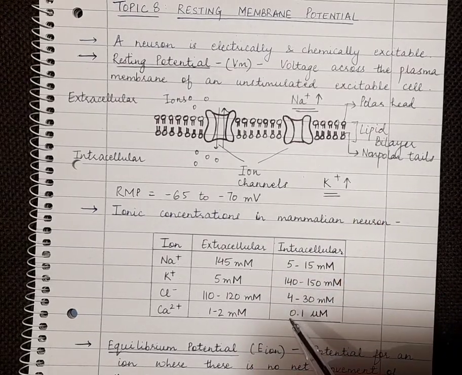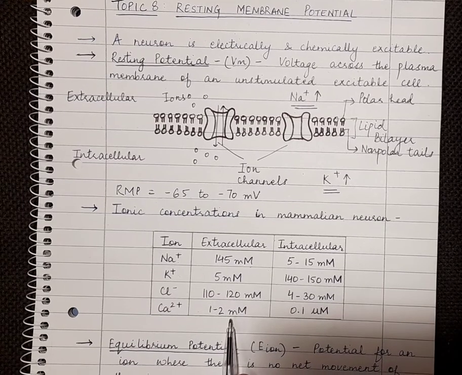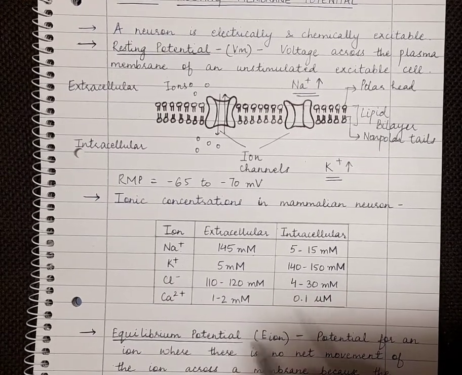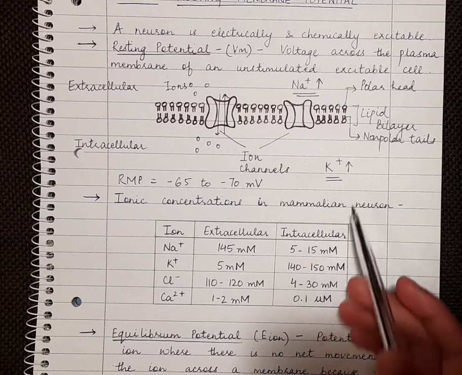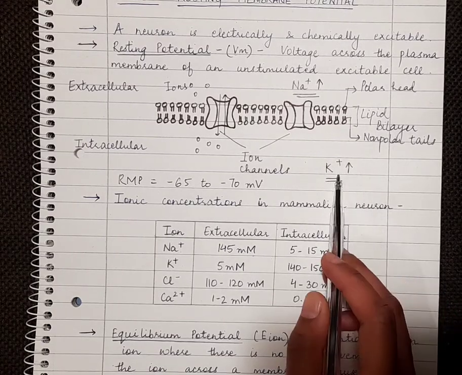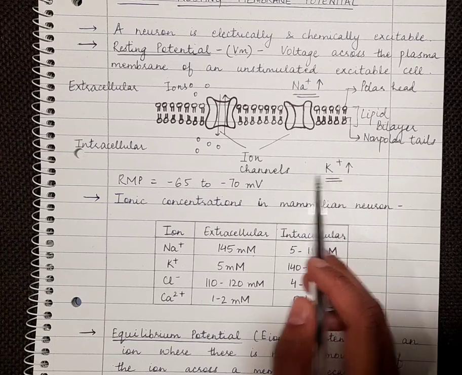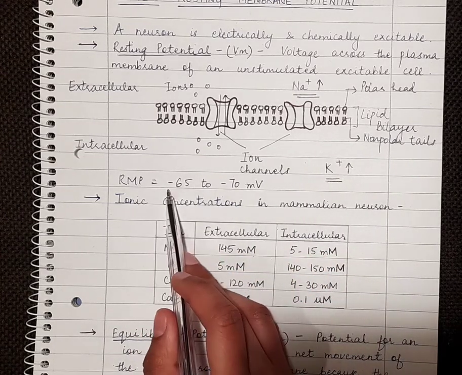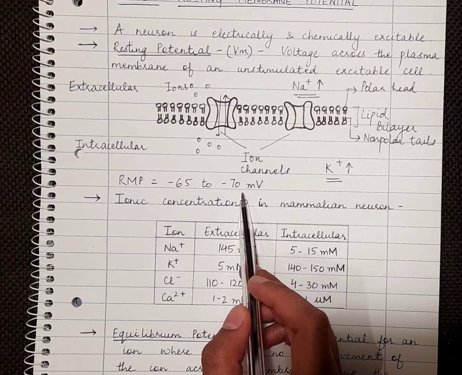Now, we see here that potassium is more on the inside, and that is also responsible for causing this resting membrane potential to be minus 65 to minus 70.